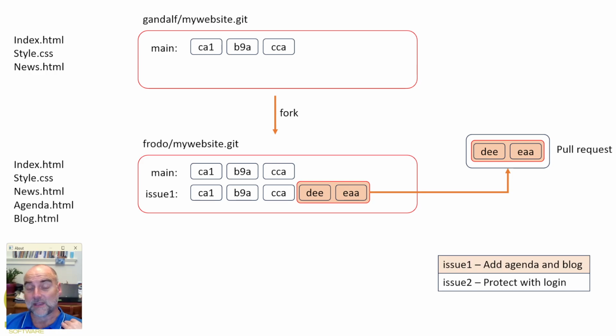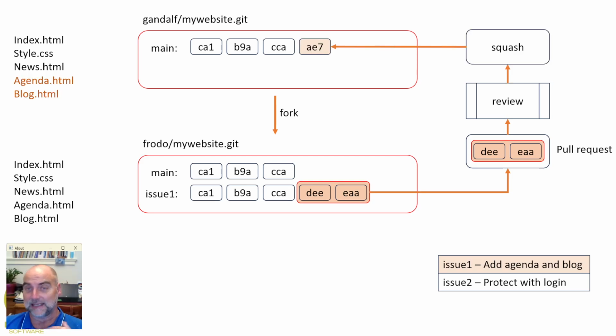The pull request gets a review, the review completes normally, and then we squash the commits into AE7, a new commit, into the main branch of the main repository, and then we synchronize the changes from the main repository into our repository. So basically, yeah, this is the flow, right? We create a branch, we make a pull request, it goes into the main repo, and then we synchronize the main again, and we can start with the next change.